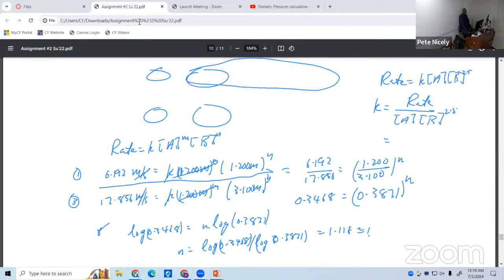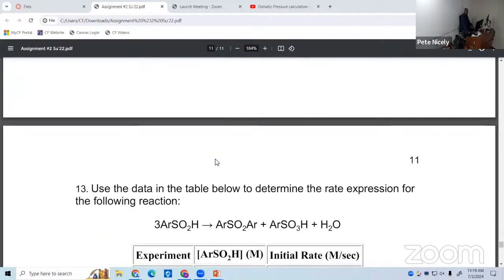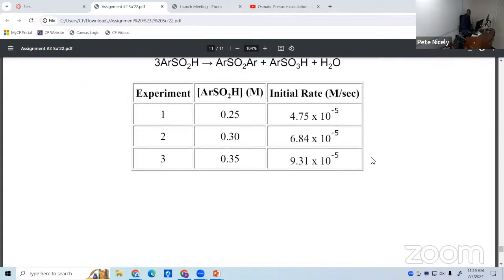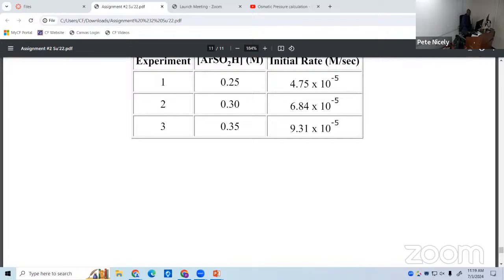Let's see, 13. Let me clear this first. Okay, 13, it's the same thing. In fact, it's easier because there's only one reactant. So the general rate law is going to be rate is equal to K times the concentration of ArSO2H, right?